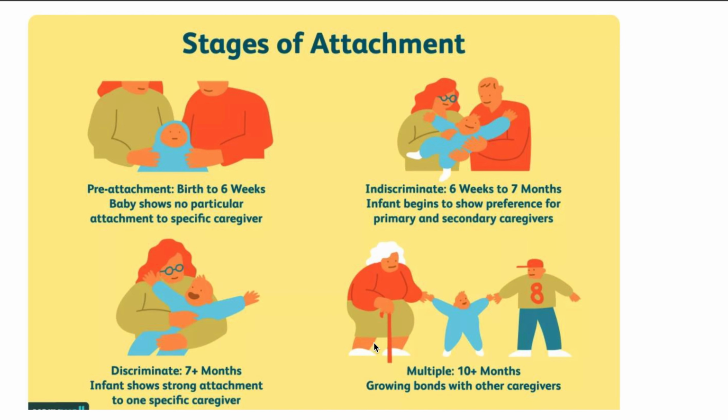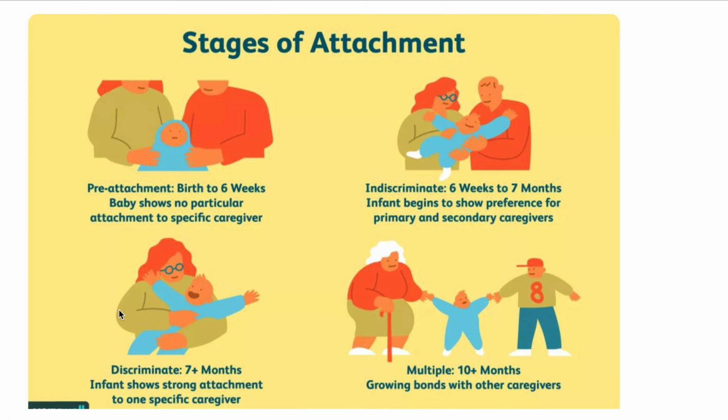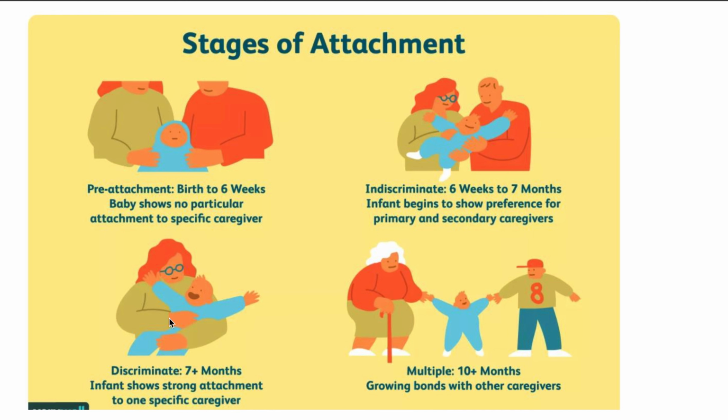These are the stages of attachment. First of all, pre-attachment, birth to 6 weeks, then indiscriminate, 6 weeks to 7 months, then discriminate. They can discriminate their mother from others like an aunt, etc. And then 10 months.